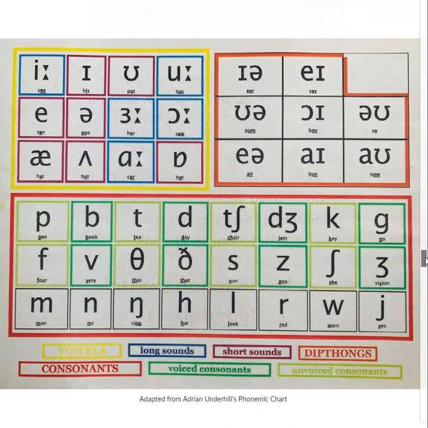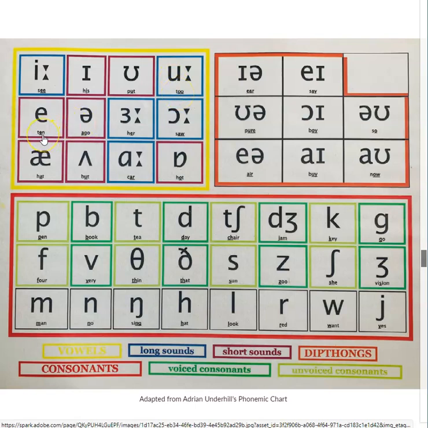So here it is, and you can see that this section here, which is surrounded by the yellow line, these are the vowel sounds of English. And it gives you a word to represent the sound. So we've got, this is the E sound, E as in see. Next to it we've got I as in his. And then we've got U as in put. U as in to.